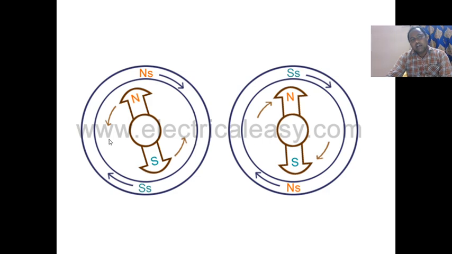But in the other half cycle, south to north attract. This diagram gives attraction, this diagram gives repulsion. That causes the rotor not to rotate in any direction.